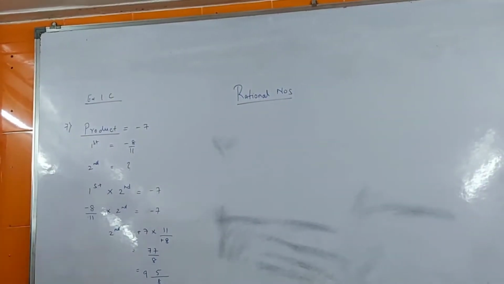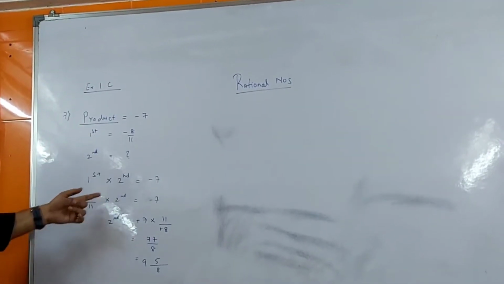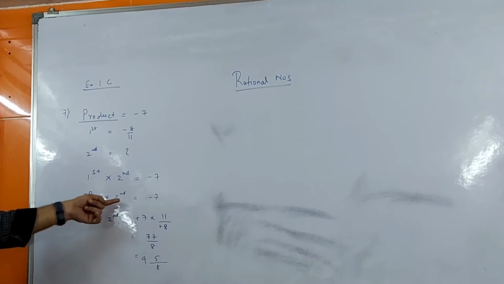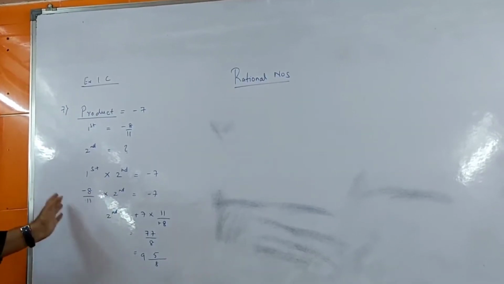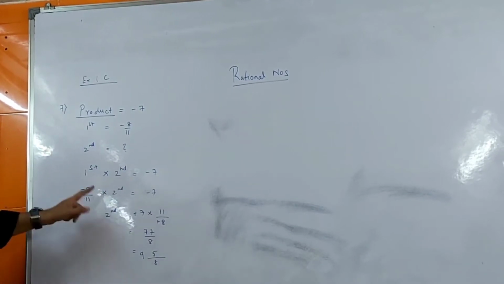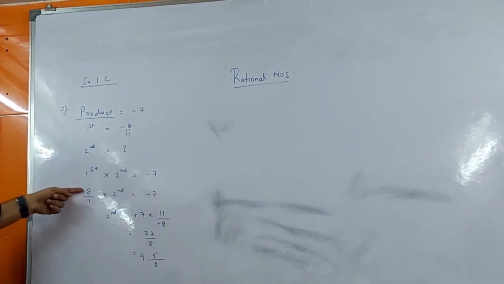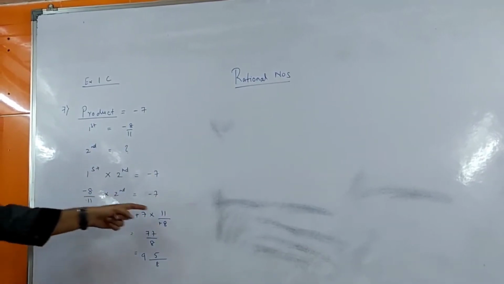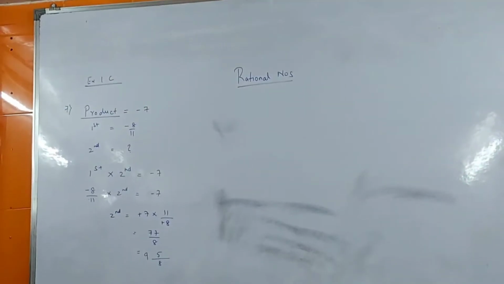It is very simple. Product of two numbers is so much. First number is available, into second is minus 7. You have to find the second number. That is, find the number which is there with the second number. Will go on the other side. When it goes on the other side, you have to just change. Here it's multiplication. So obviously they become what? Divide. That means the numerator becomes the denominator and the denominator becomes the numerator, and then the answer. Question number 7 done.